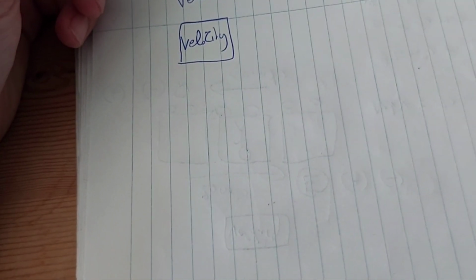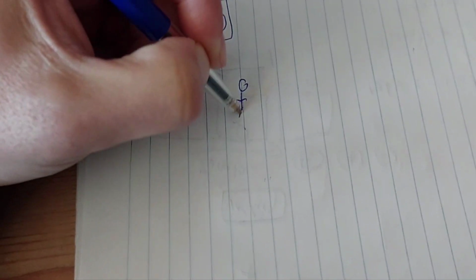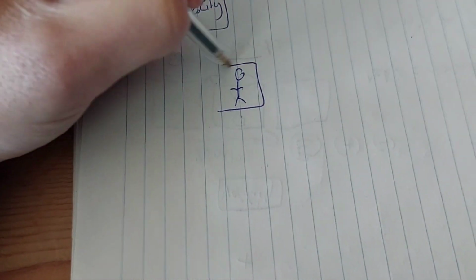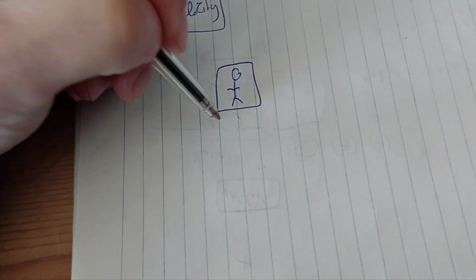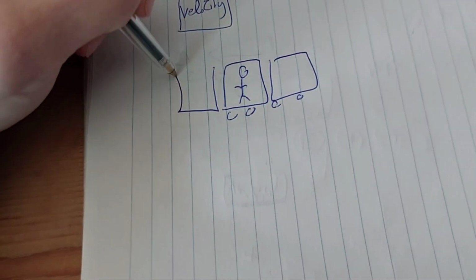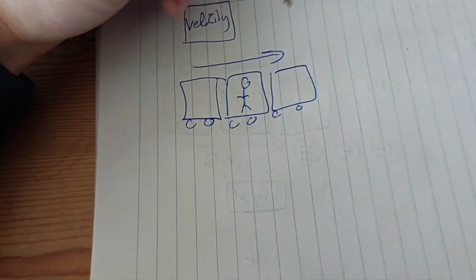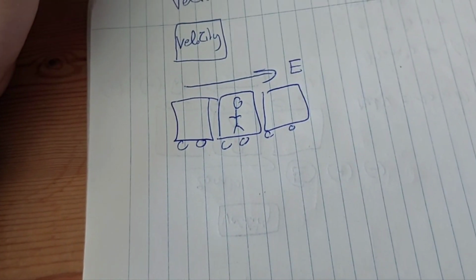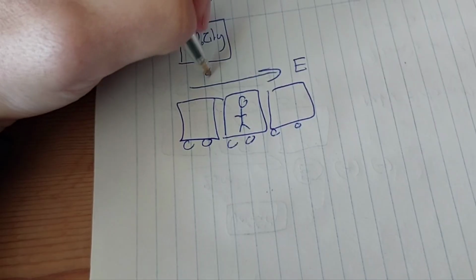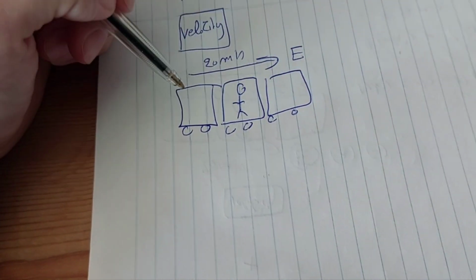So an example, we're going to use a very simple one-dimensional example. Let's say you have a person, right, and he's sitting on a train or standing on a train, on a wagon, and let's say you have multiple wagons, right, and the train is moving to the east side, to the east or to the right, with a velocity of, let's say, 20 meters per second. Now the person in the train is moving to the left.